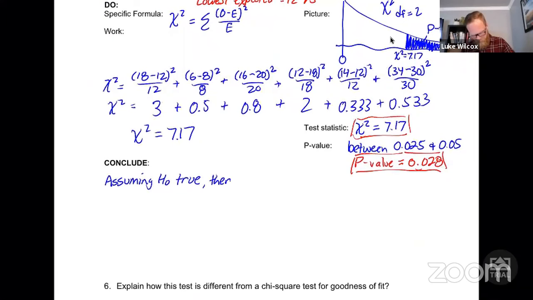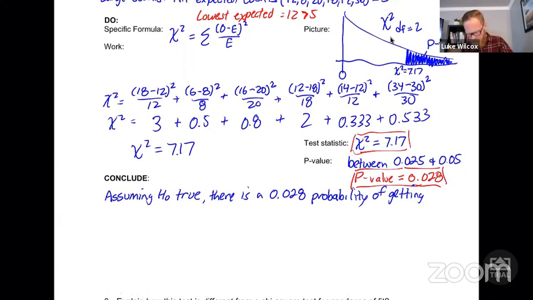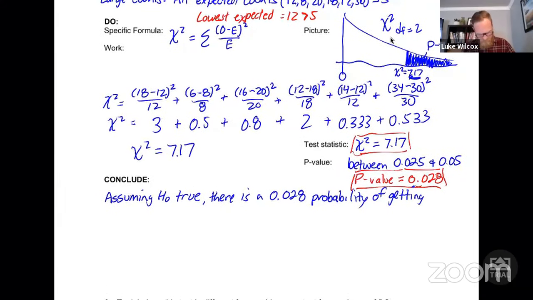There is a, and then we need our p-value here, which is 0.028. And of course, that's a probability of getting a chi-squared value. If you look back at our picture, we got a chi-squared value up here of 7.17. So a chi-squared of 7.17 or greater purely by chance.